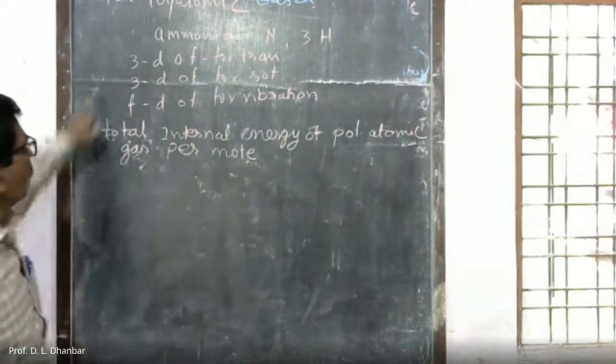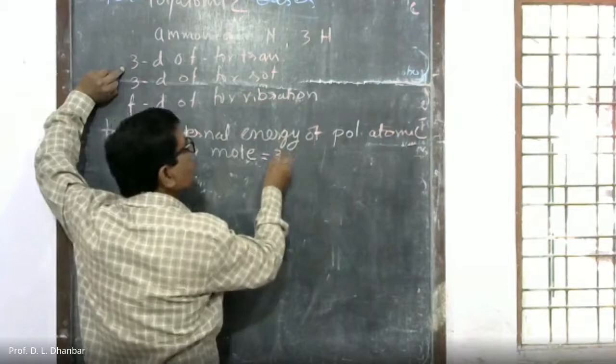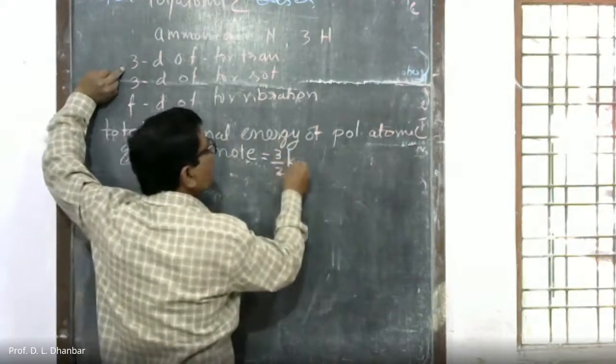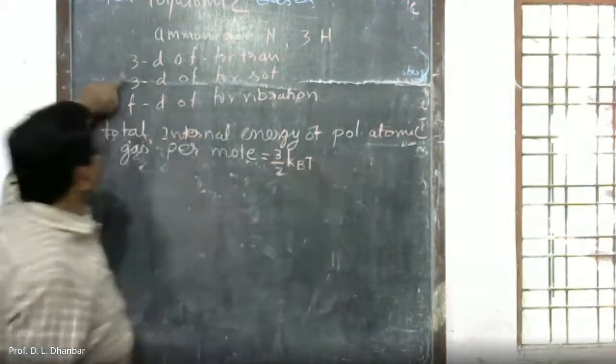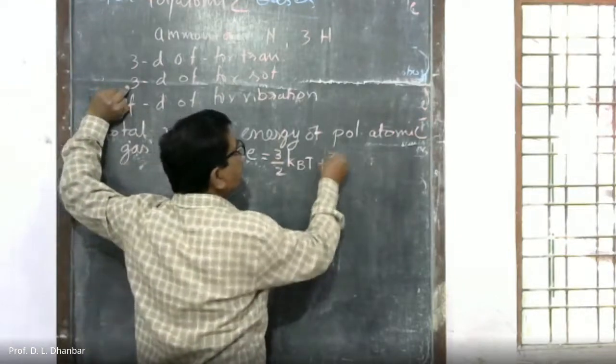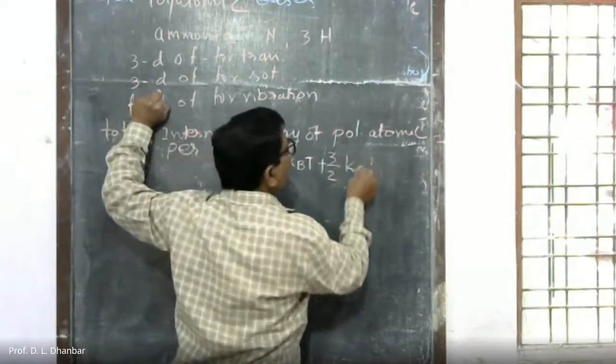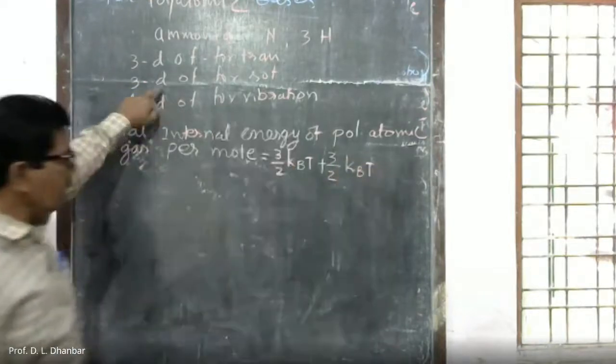As there are 3 degrees of freedom for translational motion, I can write it as 3/2 kB T. There are 3 degrees of freedom for rotational motion, I can write it as 3/2 kB T.